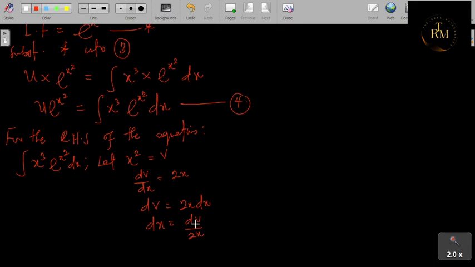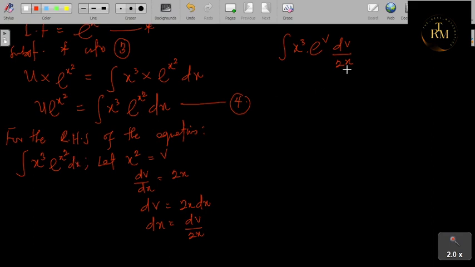So I'll take this dv over 2x and substitute it into the equation here. If I do that on the side here, I'm going to have an integral of x cubed, then exponential v, because x squared is v now, then dv over 2x, and that's because dx was made dv over 2x.